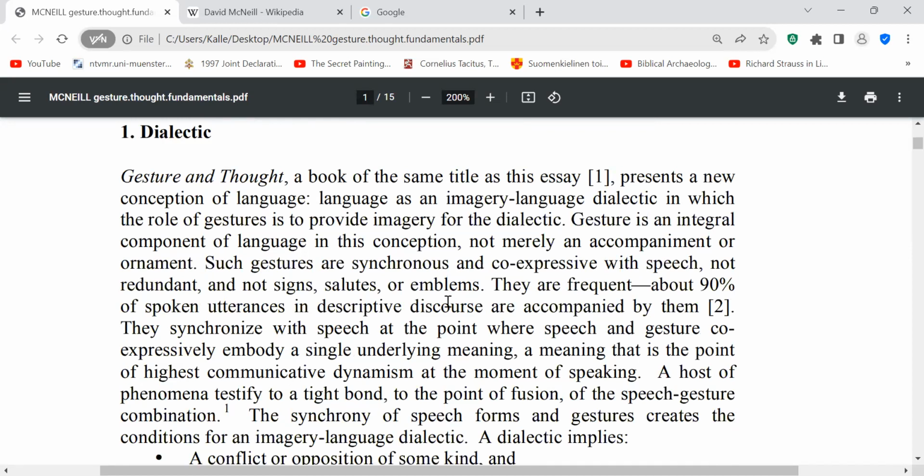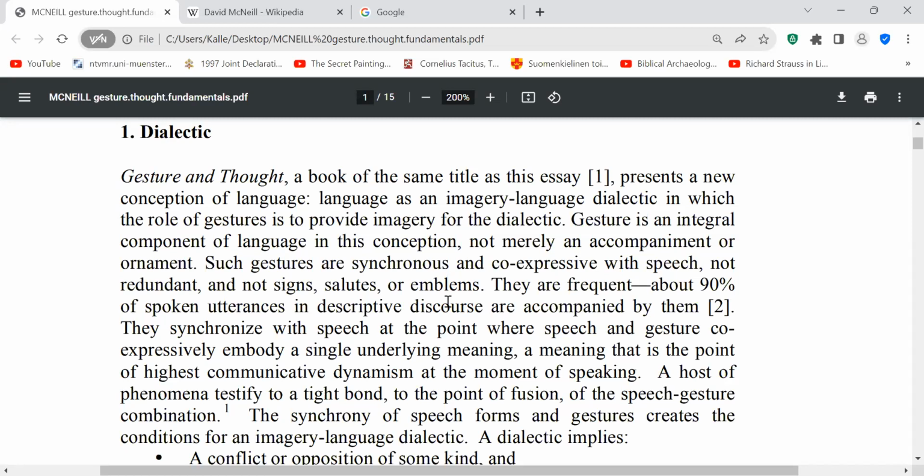Gesture and Thought, a book of the same title as this essay, presents a new conception of language: language as an imagery-language dialectic, in which the role of gestures is to provide imagery for the dialectic.